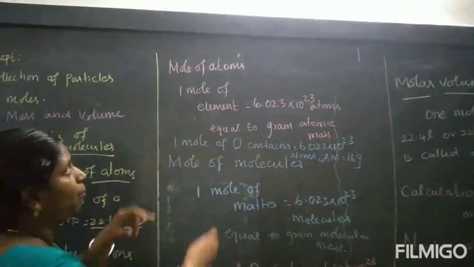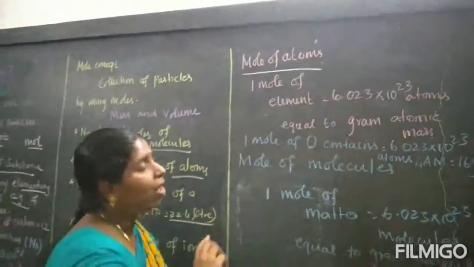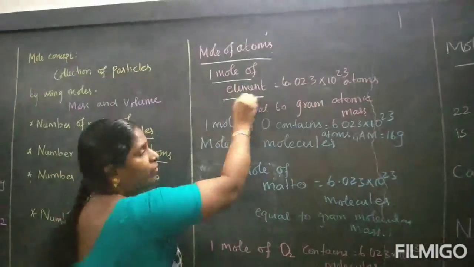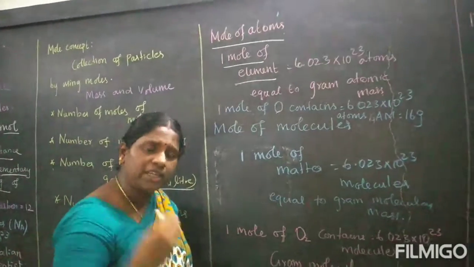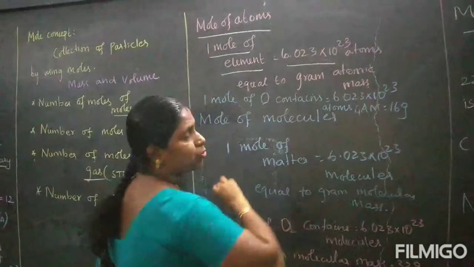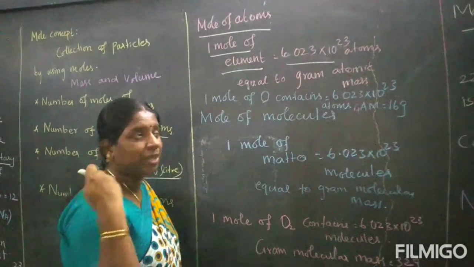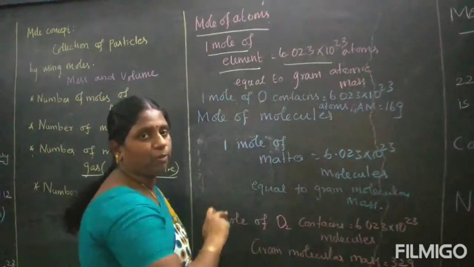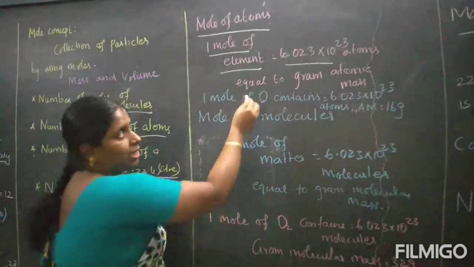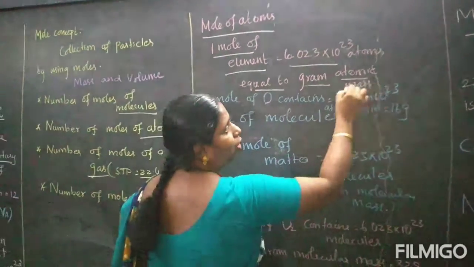See, first one, mole of atoms. Mole of atoms means 1 mole of element. So 1 mole of any element contains 6.023 into 10 to the power 23 atoms, which we already derived. It is equal to the gram atomic mass.